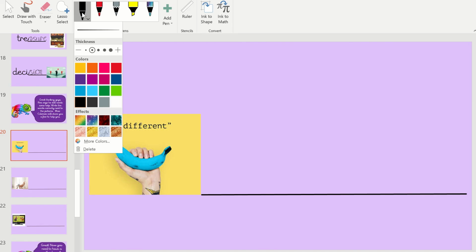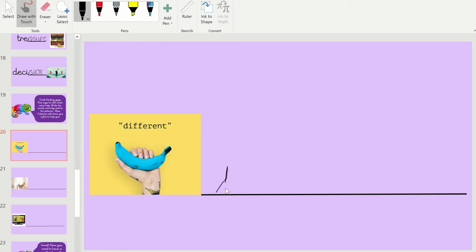Right, let's segment this one. U, N, U, Z, U, A, L. So it begins with a U and then an N. And then the U says U in this one.